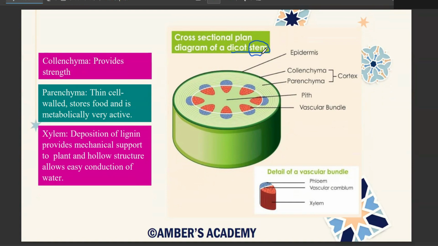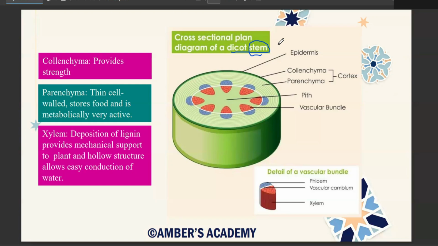Just remember there are a few differences between a stem and a leaf, and they sometimes ask you to differentiate between them. I'll tell you the differences when we do the past paper, because then we'll see the clear picture. But remember that they can ask you to draw a diagram of a stem.